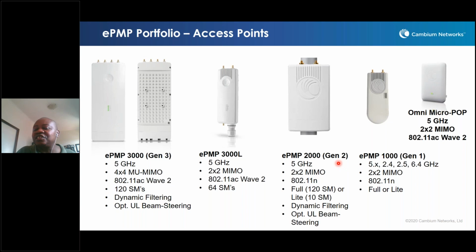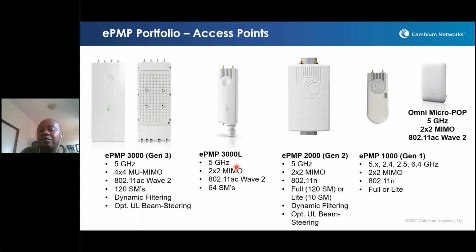The second generation is the EPMP 2000, slightly bigger in size, and that's because we brought in what we call dynamic filter and a beamforming antenna to further mitigate interference, external interference. Okay. Today, the flagship access points are the 3000 family, and 3000 we have two variants.